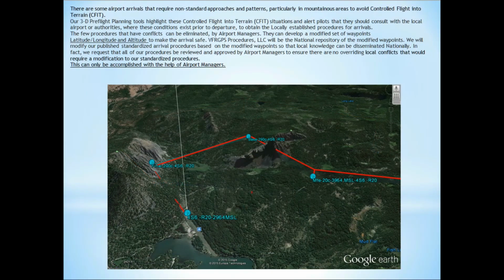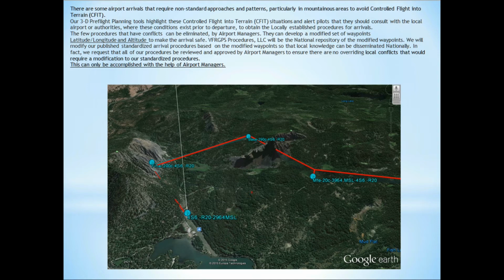There are some airport arrivals that require non-standard approaches and patterns, particularly in mountainous areas, to avoid controlled flight into terrain. Our 3D pre-flight planning tools highlight these controlled flight into terrain situations and alert pilots that they should consult with the local airport or authorities where these conditions exist prior to departure to obtain the locally established procedures for arrivals.